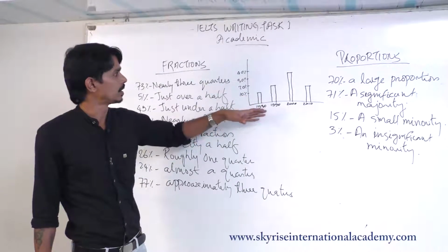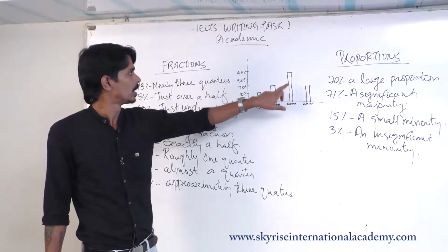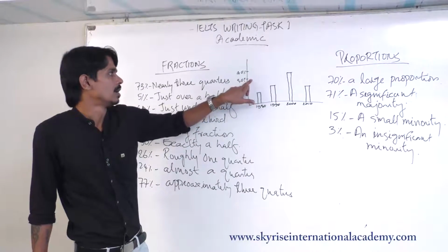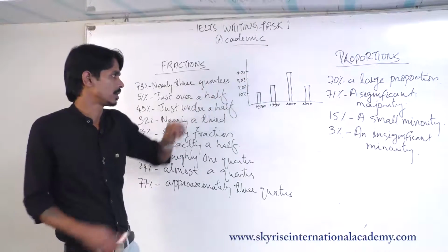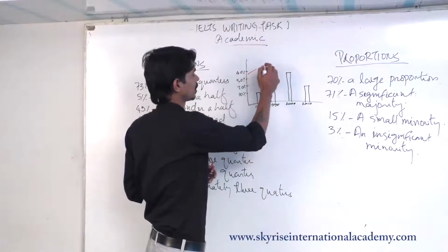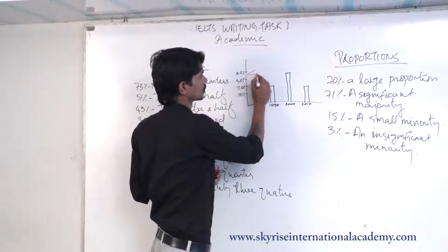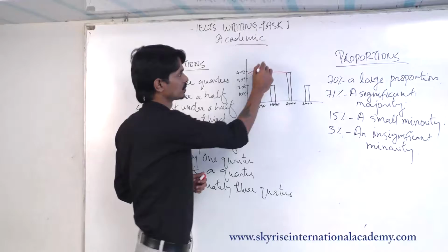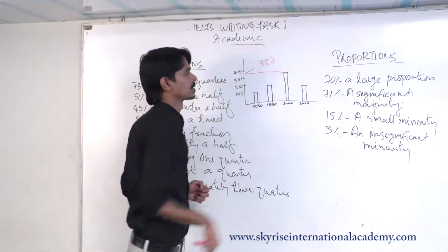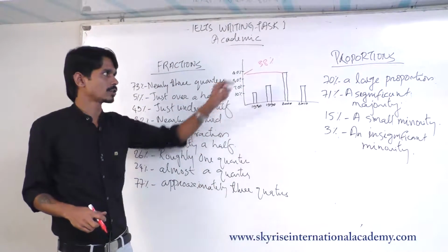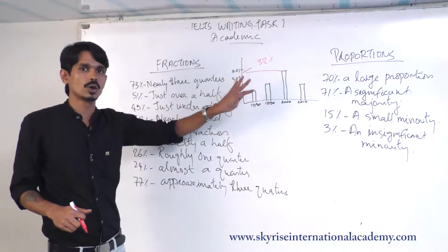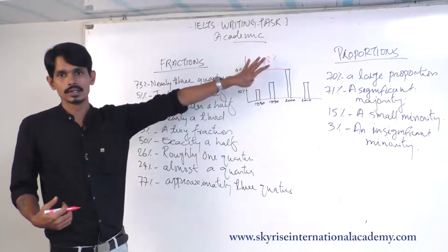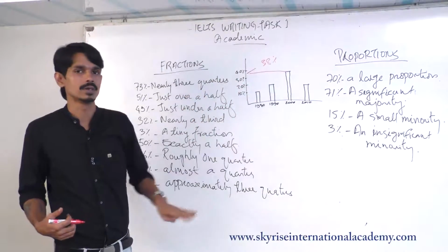Let's say you look at this one, you might want to consider this as 38%. Because it is reaching this level, some people, I have seen some of my students, use 38% here, which is absolutely not correct. As long as you are not 100% sure of the specific number, you cannot really write anything like this. This will be false information.